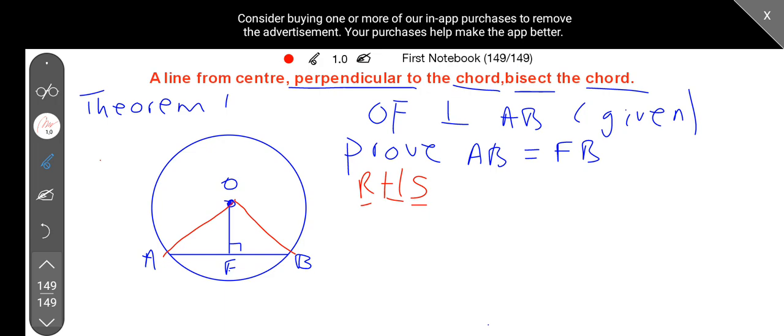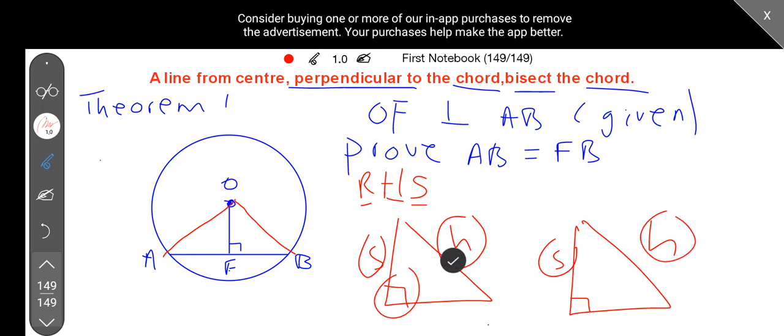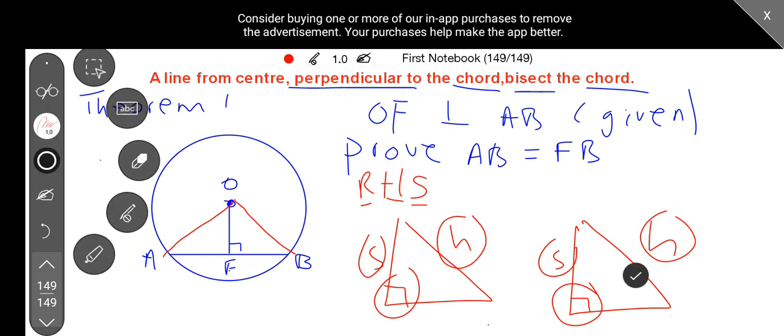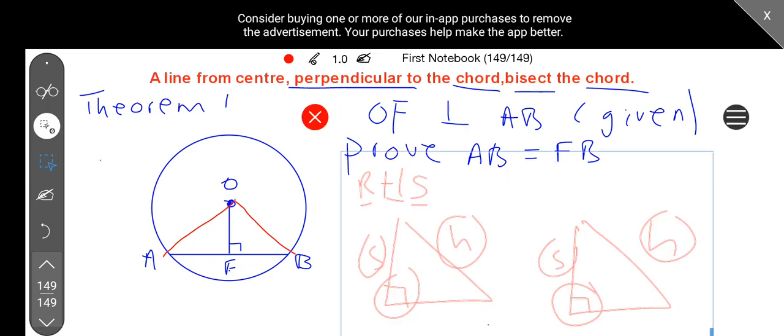So if this triangle has a 90-degree angle, a hypotenuse, and a side, and the other one has a 90-degree angle, a hypotenuse, and a side, and the side in here is equal to the side in here, the hypotenuse in here is the same as the hypotenuse in there, and similarly the right angles are equal, therefore we say the two triangles are congruent, and the reason is RHS: right angle, hypotenuse, and side.